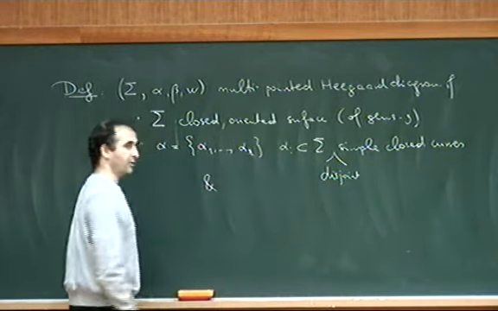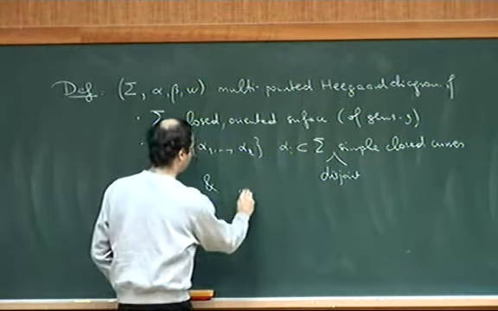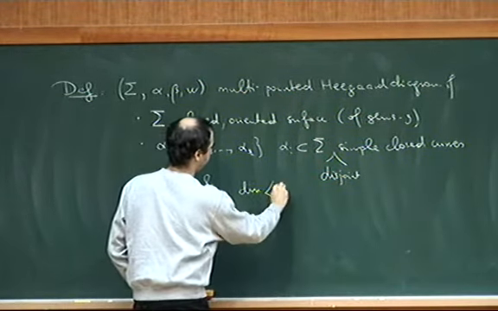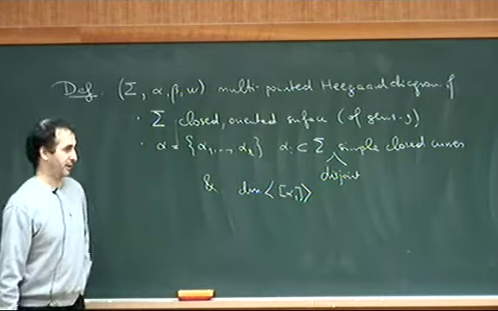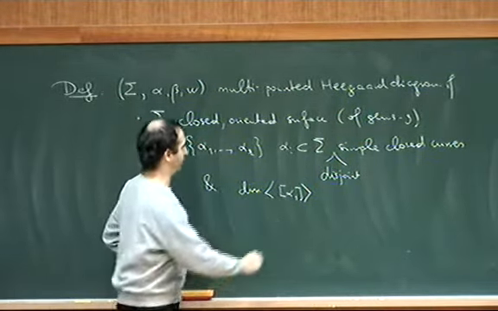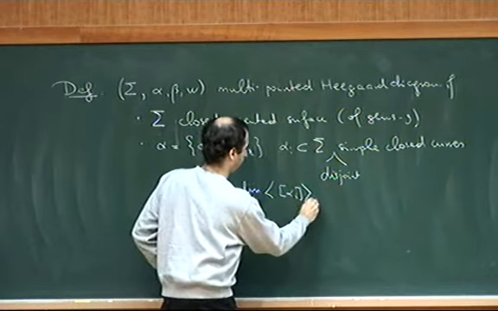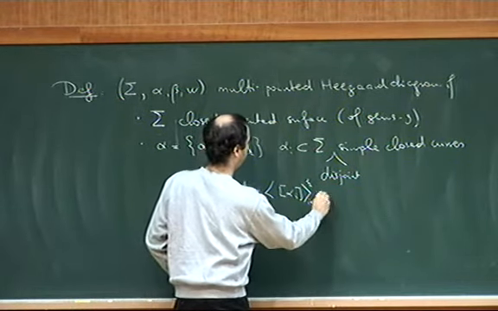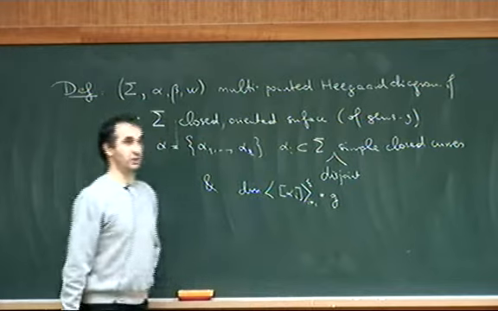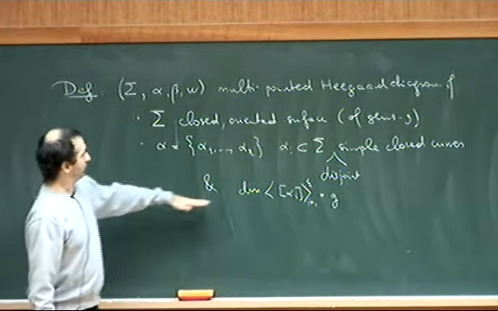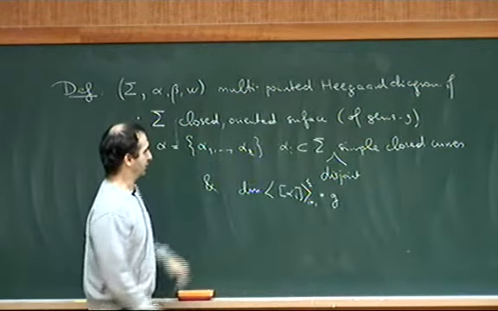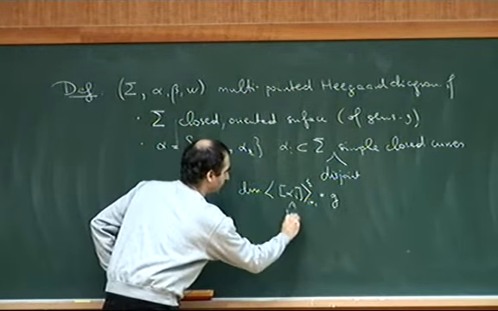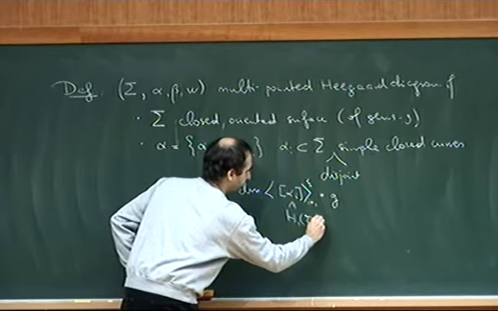And there is a homological assumption, namely the dimension of the subspace spanned by the homology classes represented by these curves, alpha_i, i goes from 1 to k, should be of dimension g. So it's a genus g surface, so these are all elements in the first homology of sigma.